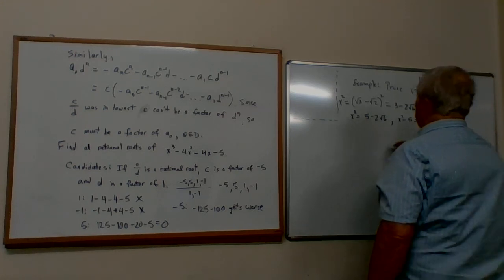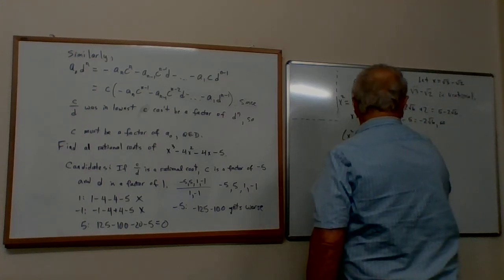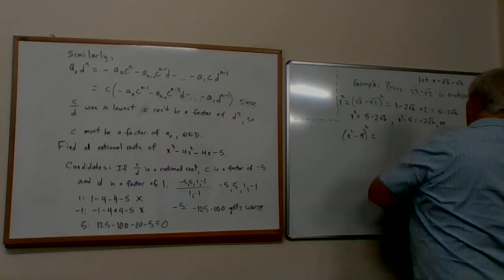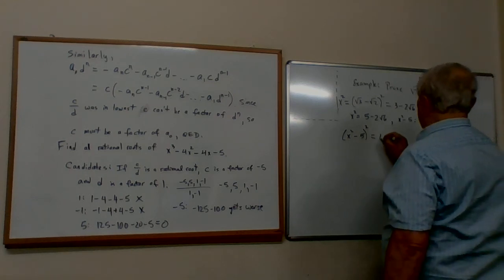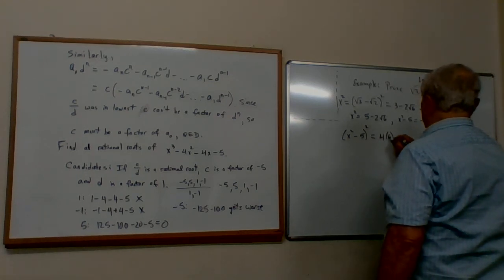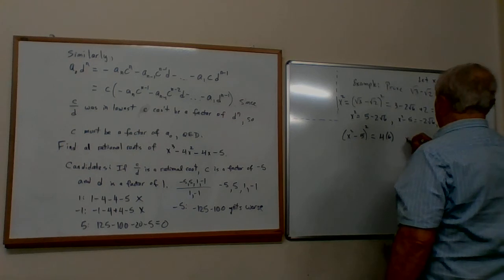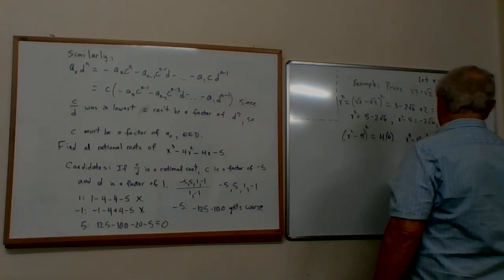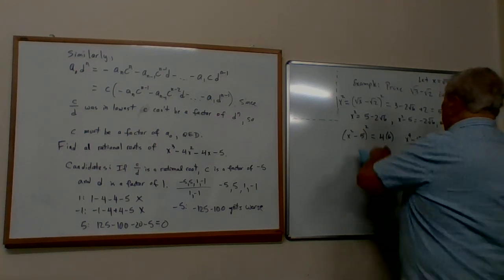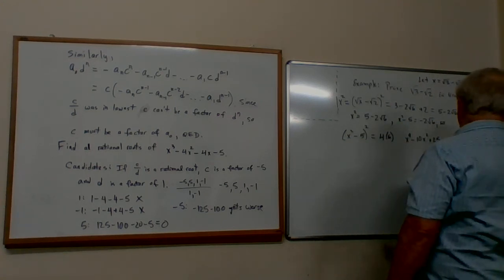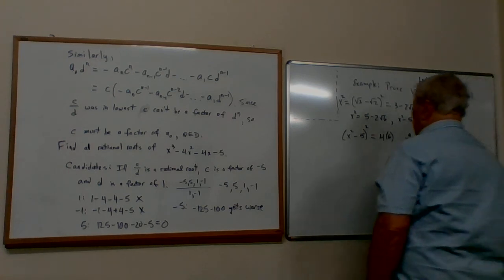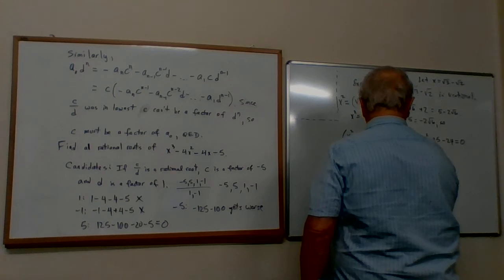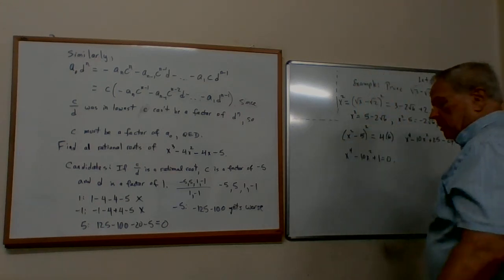So if I square both sides of that, x squared minus 5 quantity squared is equal to this squared, which is 4 times 6. So I get x to the 4th minus 10x squared plus 25 minus 24 equals 0. So x to the fourth minus 10x squared plus 1 equals 0.